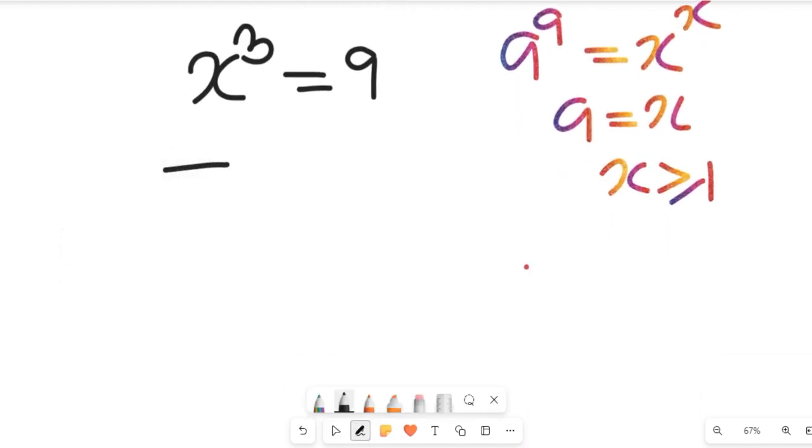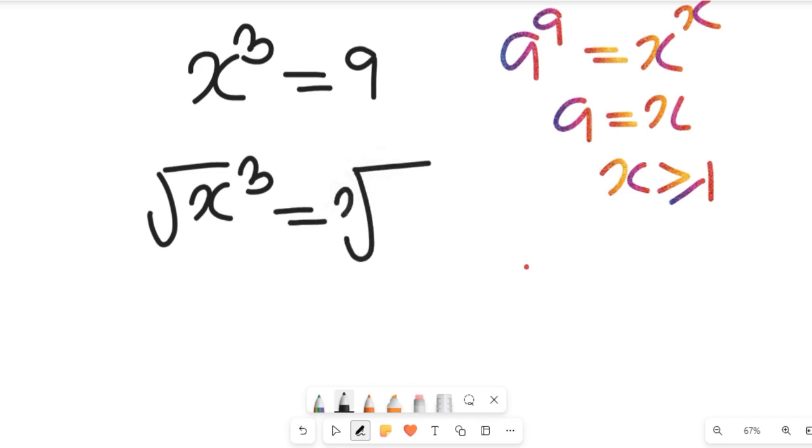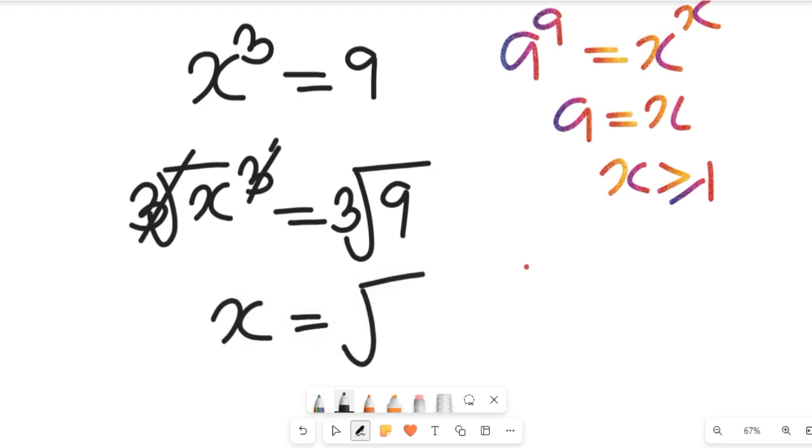Now let's take the cube root of both sides. We are going to have the cube root of 9. Cube root will clear cube, right? And then we'll have x equal to the cube root of 9.